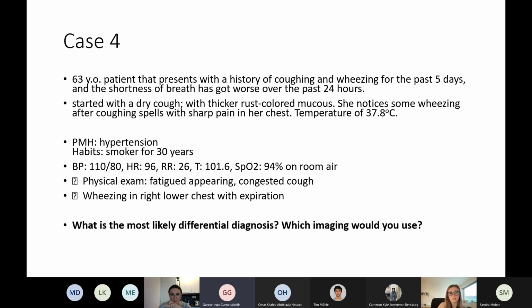Exactly. Like we were saying before, we're not only talking about her dyspnea, we're also thinking about is there any accompanying cough, and then the color of the sputum that's coming out. So if we think it's some kind of infection, what imaging would help us to differentiate if it is an infection or not?